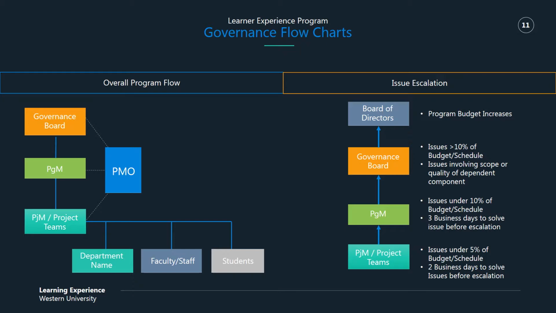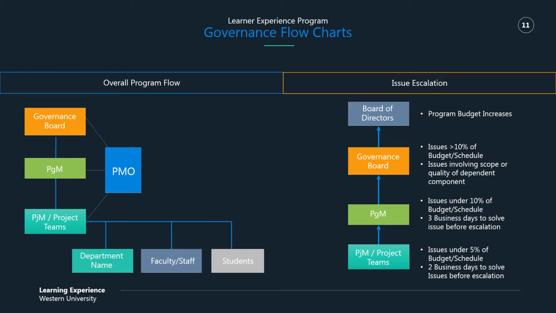They are also involved in all issues involving scope or quality of dependent components. So if one project has a benefit that's dependent upon another project, that automatically jumps up to the governance board.